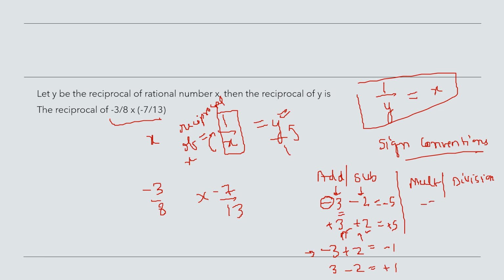But in multiplication, remember, it doesn't matter which one is greater. If you have even number of negative signs, let's say 2, these minus get cancelled and you get positive answer.